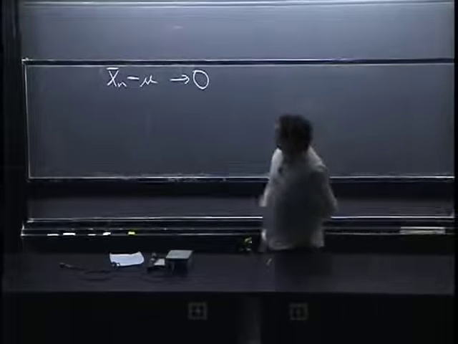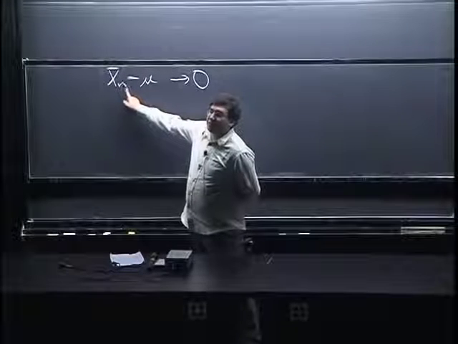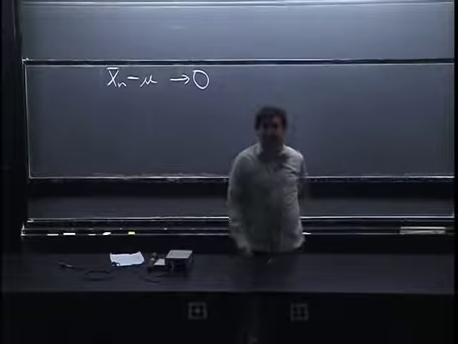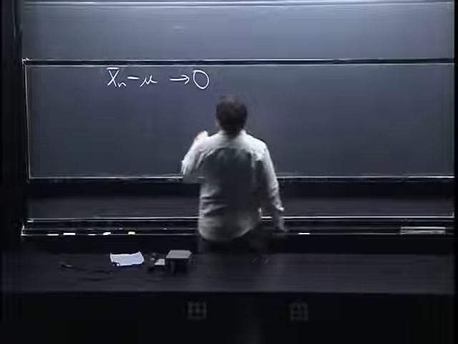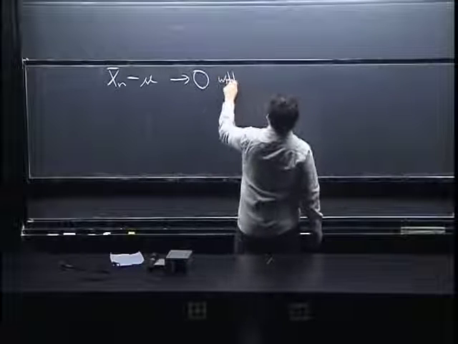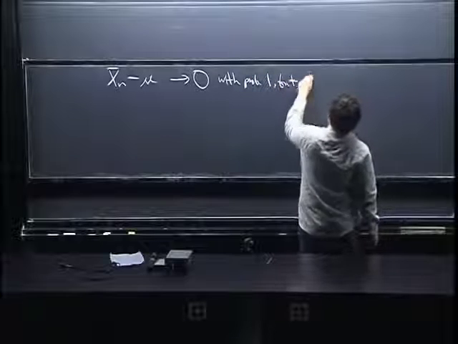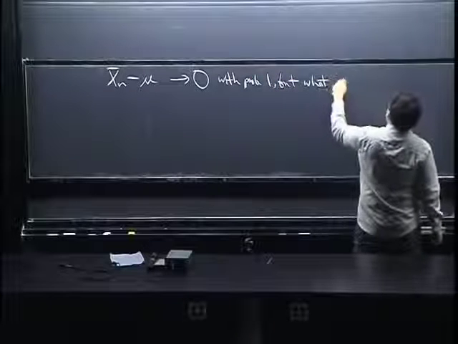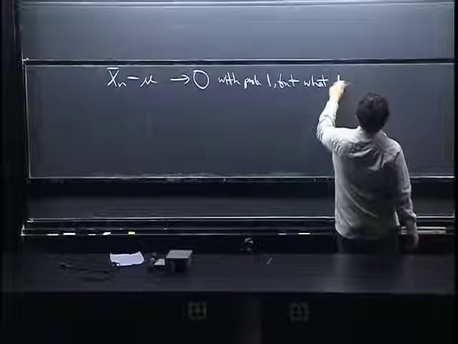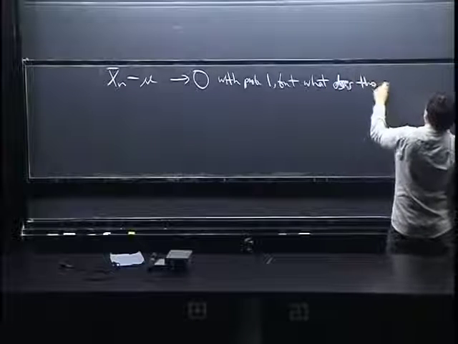However, it doesn't tell us what the distribution of Xn bar looks like. So this is true with probability 1. But what is the distribution? What does the distribution of Xn bar look like?